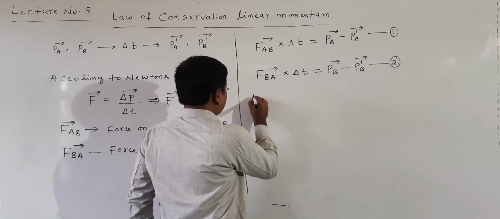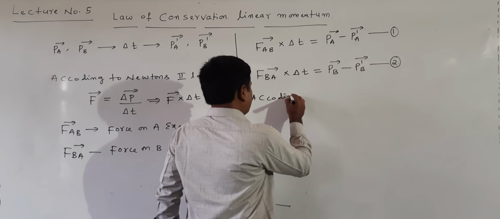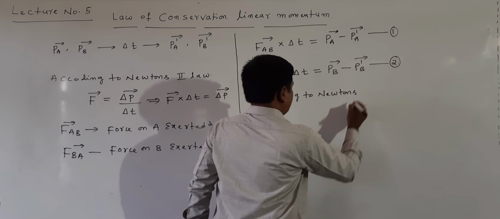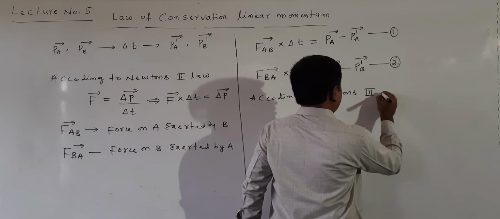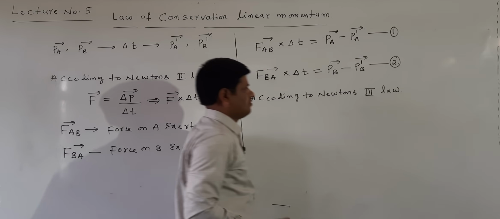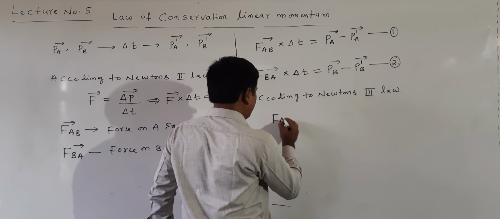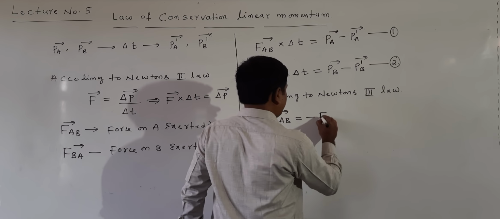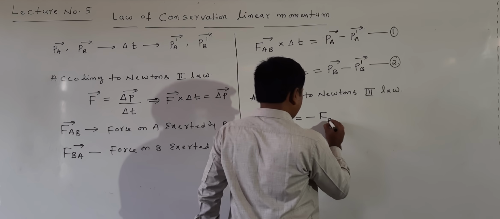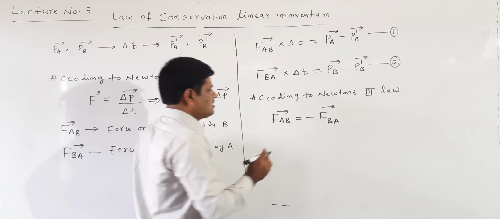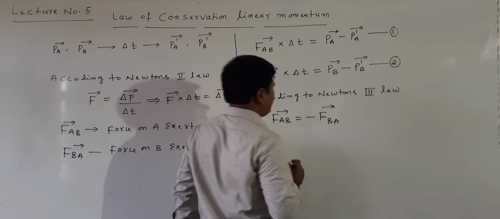According to Newton's third law, which we discussed yesterday, we know that FAB bar is equal to minus FBA bar.